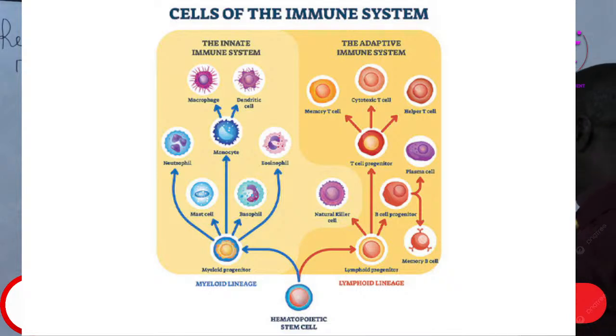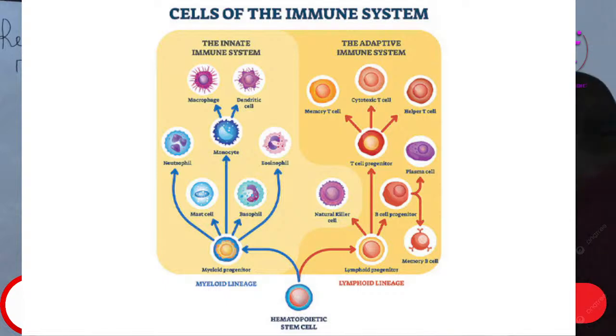And don't forget that today our business is the adaptive immune system, and the first component is natural killer cells, followed by T cells and B cells. Whether it is B cells or T cells will depend on the source.